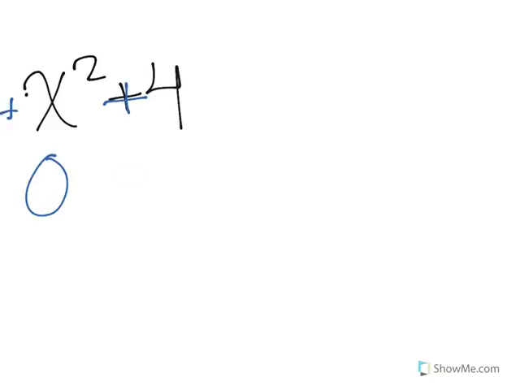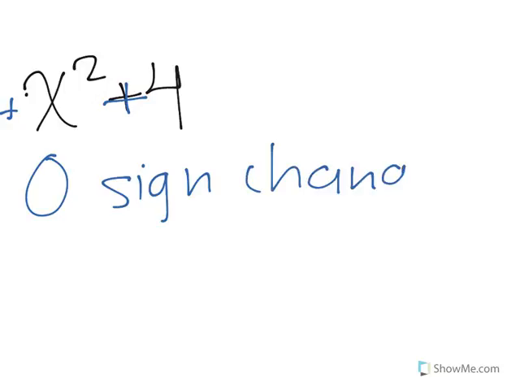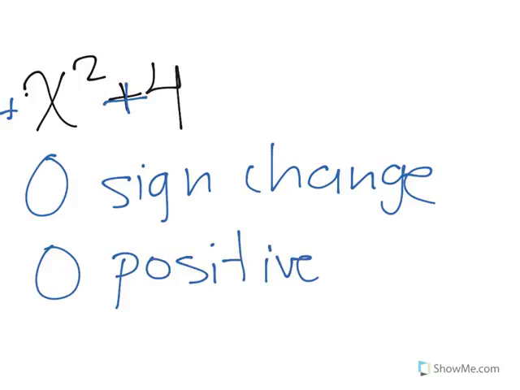So for example, if we had x squared plus 4, we find that there is no sign change here. We have a positive here and a positive here, so there are zero sign changes. So there are zero positive real zeros.